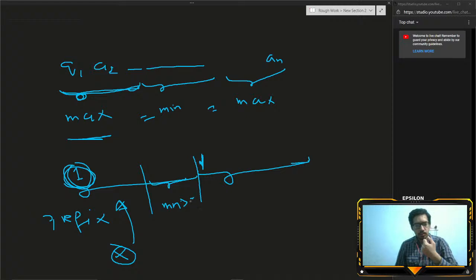If minimum here is greater than x and max here is also x, because we binary searched and this was the first index such that the maximum of this suffix was x.